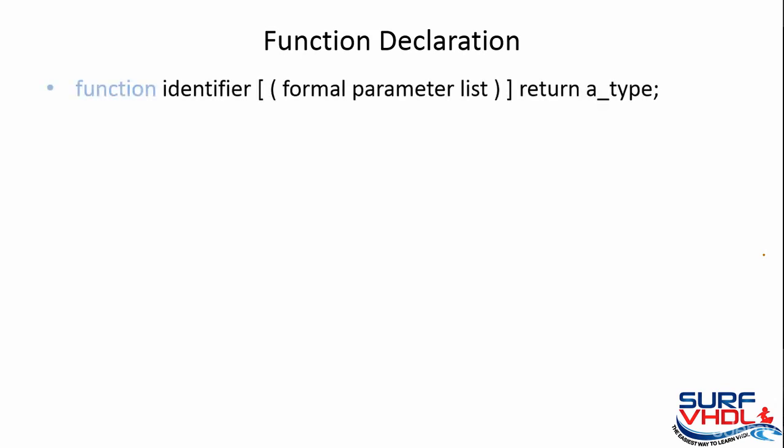The function declaration is used to declare the calling and return interface to a function: function identifier, formal parameters list, and return type. Function returns only one argument.